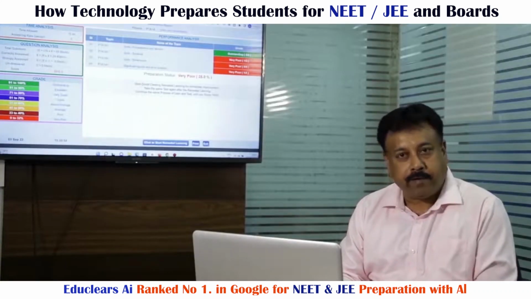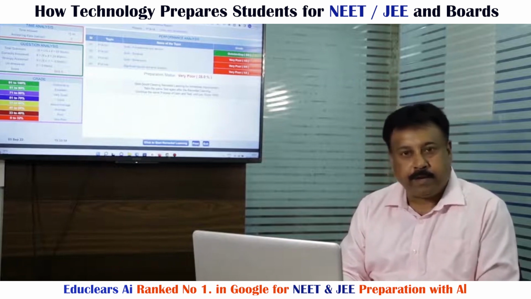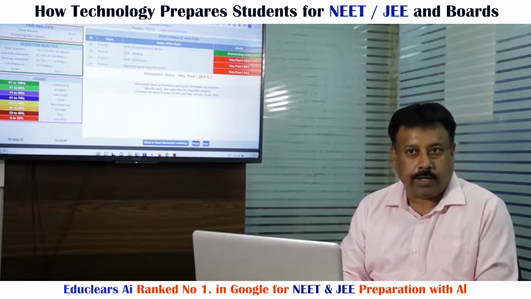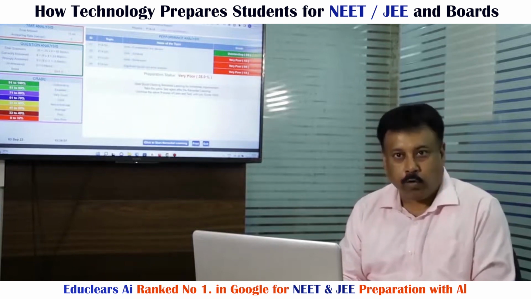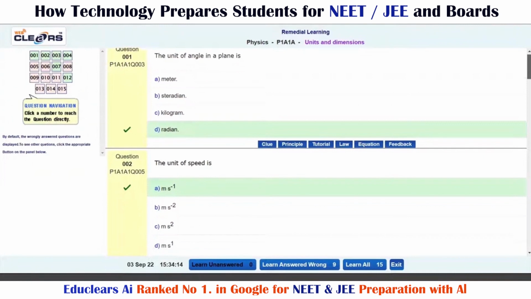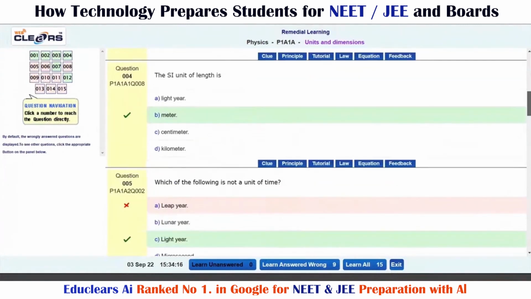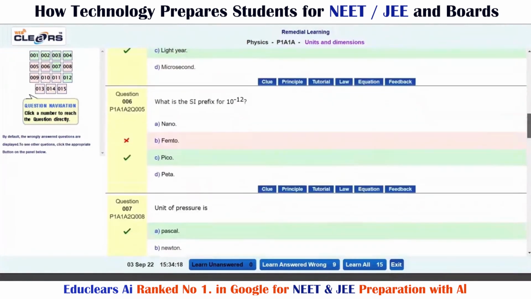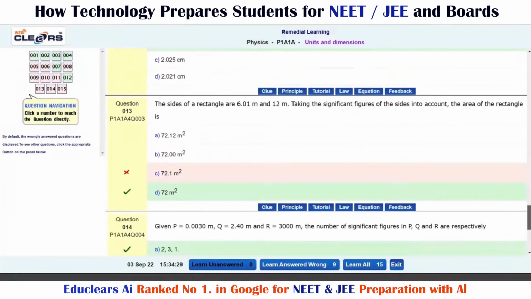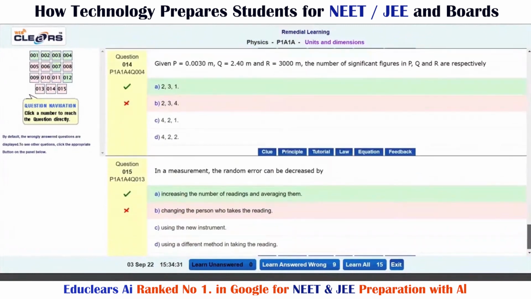Now, let us see how Educlears gives instant treatment after doing the diagnosis so that the student can immediately fill up their gaps. As you can see, all the answers of the questions in the given test are displayed. Many students are of the opinion that if they can see the correct answers of the wrongly answered questions, the learning is complete.